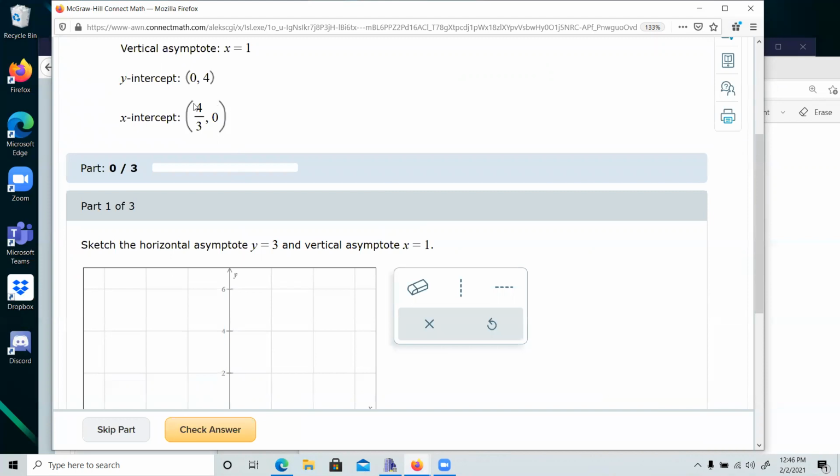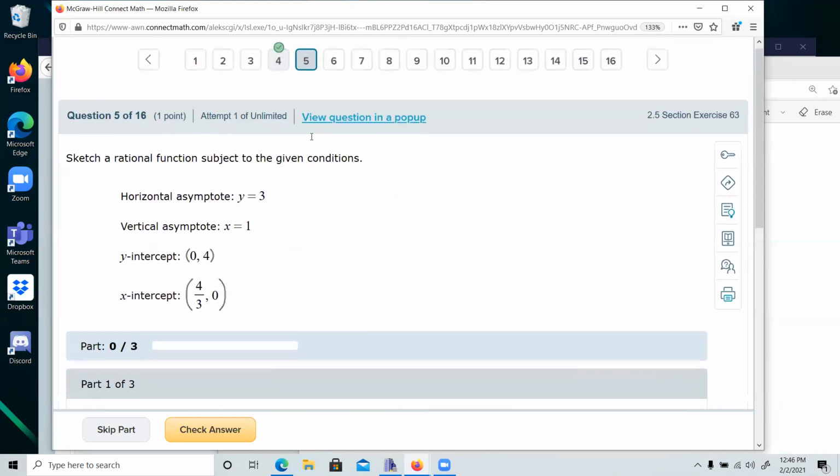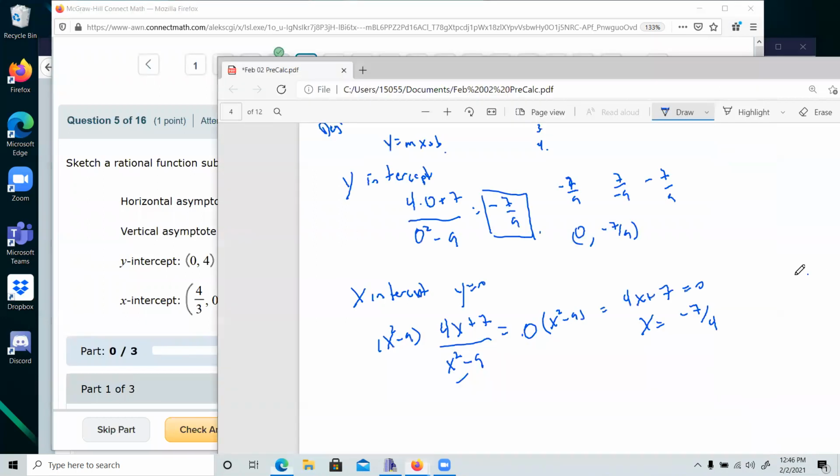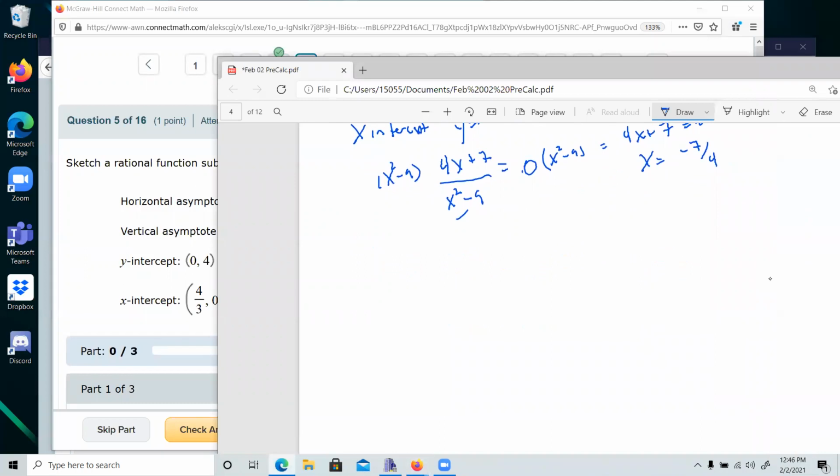Now we get to construct one. Okay, now we get to go backwards. We get to do everything we just did, but in reverse. So we have our horizontal asymptote of y equals 3. Okay, so they're given y equals 3, the line. Well, again, there's 4 cases.